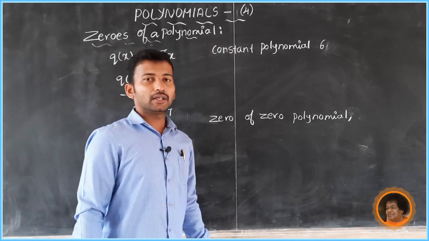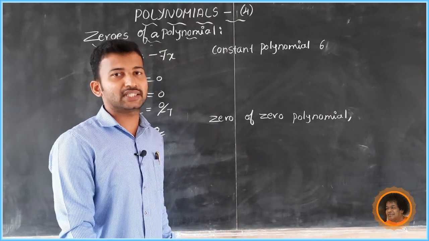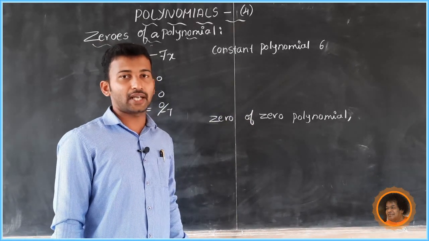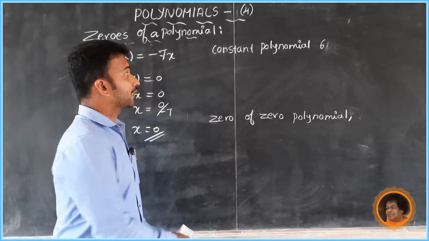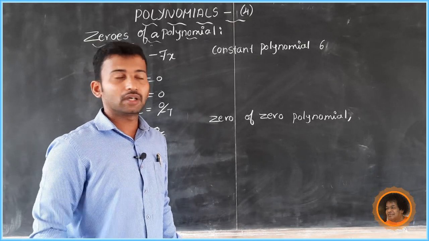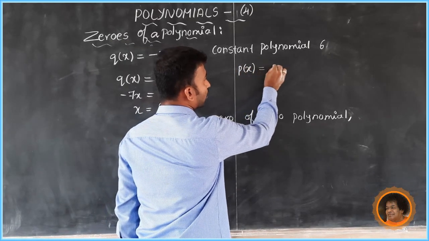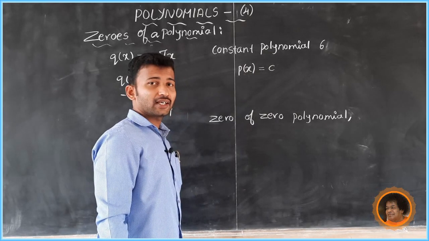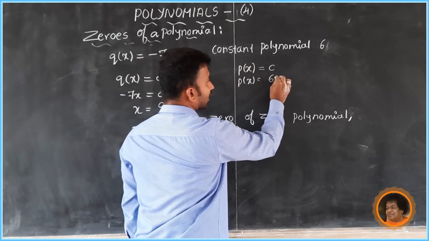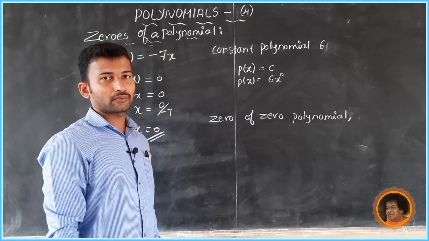Next, we know constant polynomial. All the constants are called constant polynomials. For example, 6 is a constant in this example. Can you find the zero of the polynomial 6? Let us consider p of x is equal to c. What is c? c is the constant. So, p of x is equal to 6 can be written as 6 into x power 0.